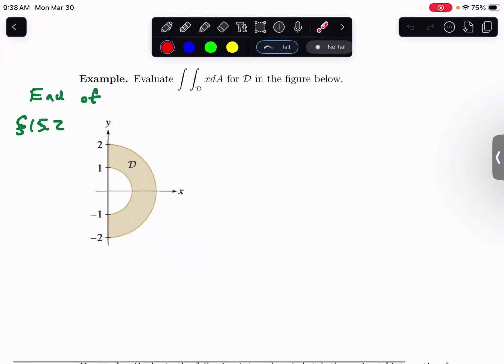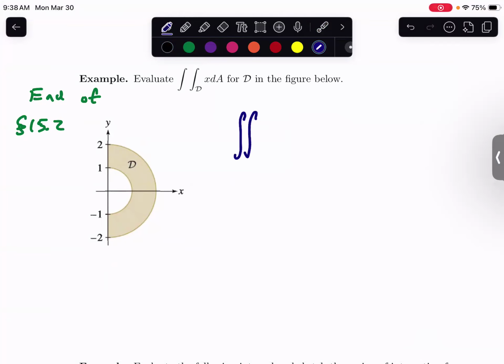So if we wanted to integrate over this region with respect to polar coordinates, first I'm just going to write it out in terms of x and y, in rectangular coordinates. So we have x dA over this region D. And we want to describe this region in terms of polar coordinates.